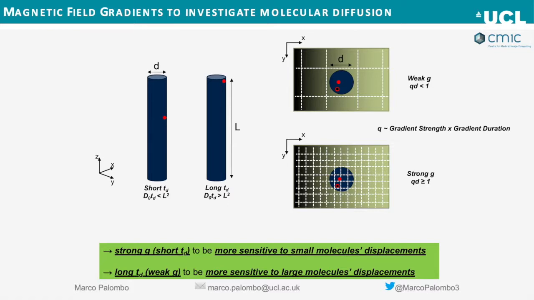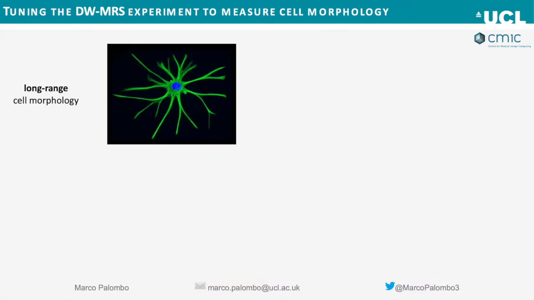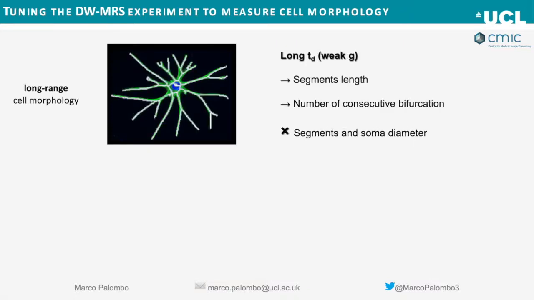Now, using this simple sketch and keeping it in our mind, we can already suggest general guidelines on how to selectively probe specific features of the cellular morphology. So, for example, if we are interested in the long-range cell morphology, such as cell projection segment lengths and branching, we should use long enough diffusion time and weak enough gradient strength in order to gain sensitivity to these features and lose sensitivity to other features we are not interested in, such as segment and soma sizes.